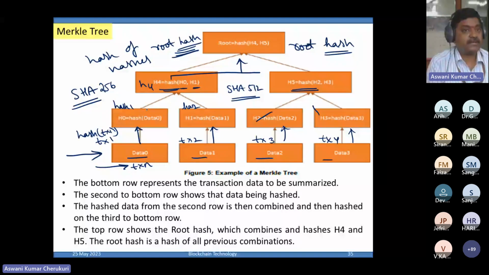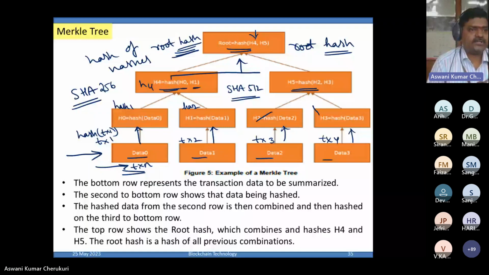Remember, once you know the hash, it is not possible to know what the transactions are. If you have the transactions, creating the hash is simple, but going downwards from the hash is impossible. That is where your immutability comes in. So the bottom row of the tree contains the transactions.